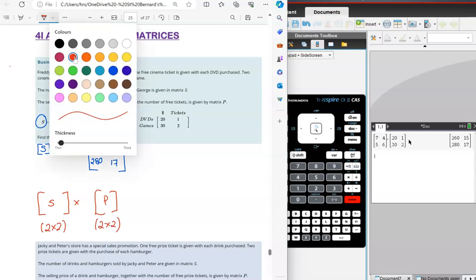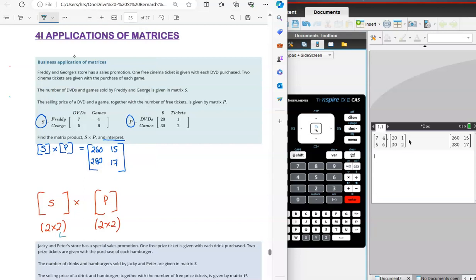It's defined because the columns in S equal the rows in P. I'm going to call my answer SP. It takes the number of rows of S and the number of columns of P, so it'll become a 2 by 2.